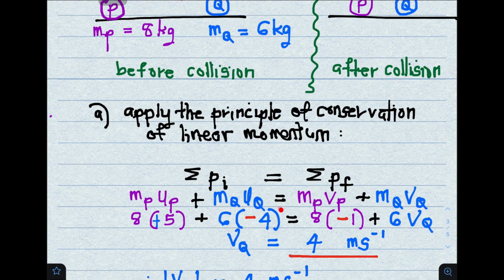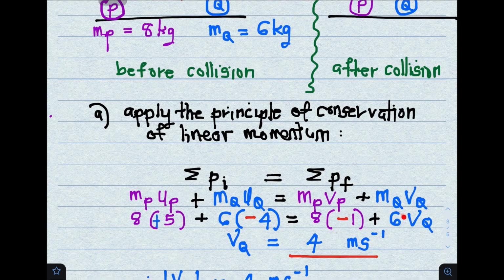UQ, you need to substitute as -4. Why -4? Because it moves in the opposite direction. Again MP is 8, VP is -1. Why -1? Because the direction of object P is in the opposite direction, so you need to put the negative here.